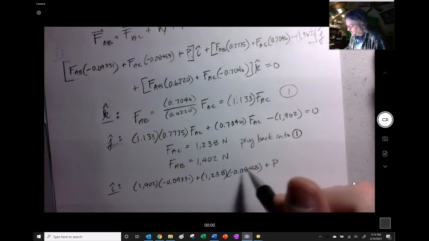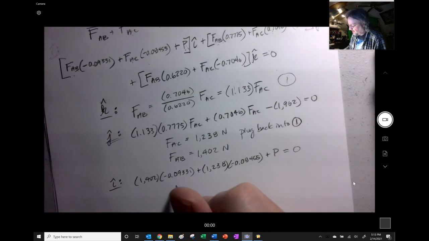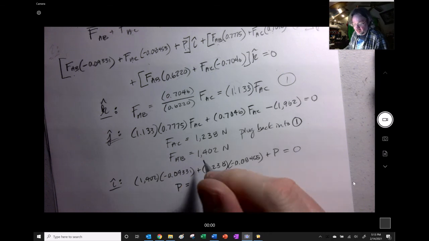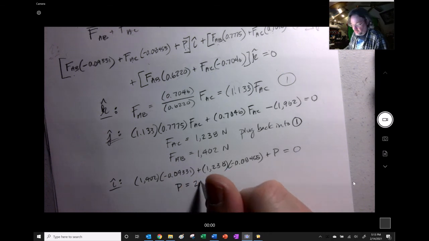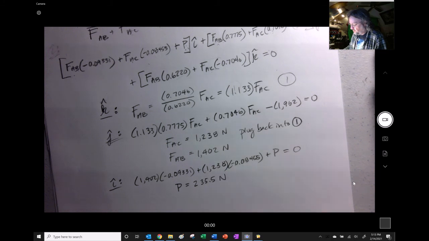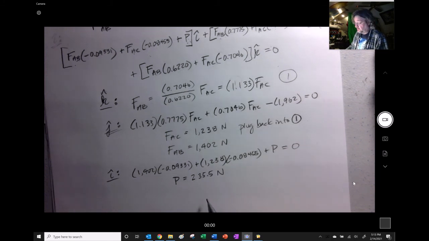These are negative and negative, and positive, so we can find what P is going to be is 235.5 newtons. Like that, right?